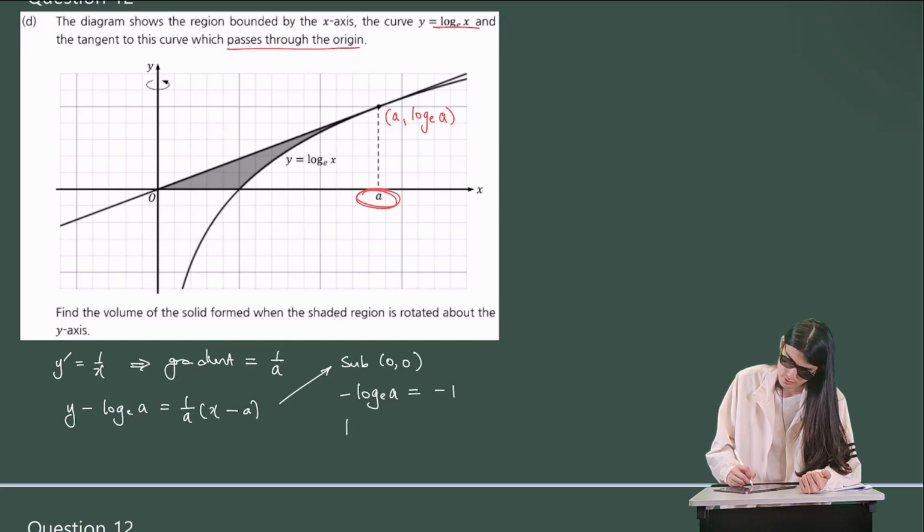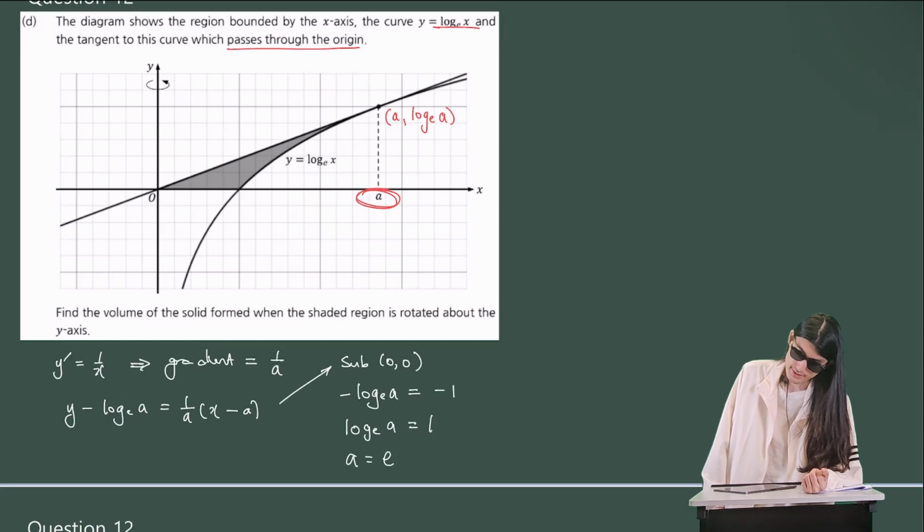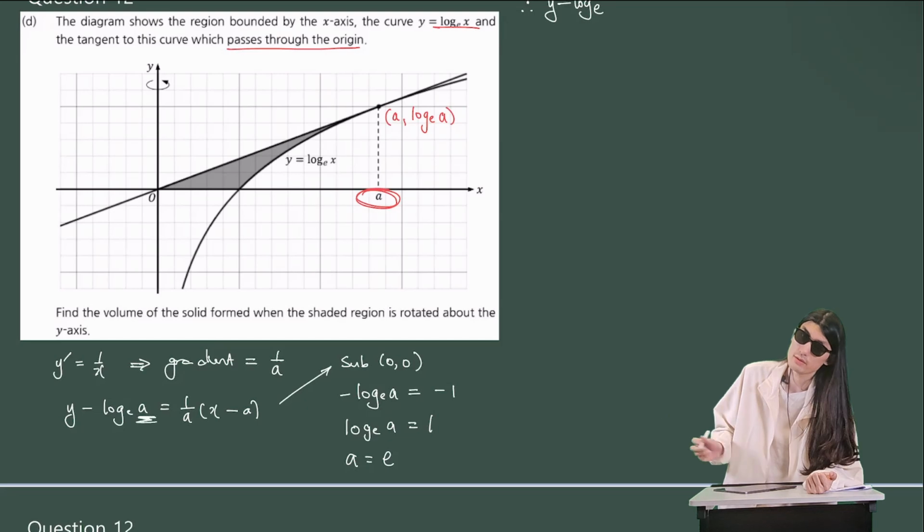That means ln a is 1 and a is equal to e is what we get. Such that the equation of the tangent can then be expressed as log y minus log base e of this value of a that we have just found. It's e.